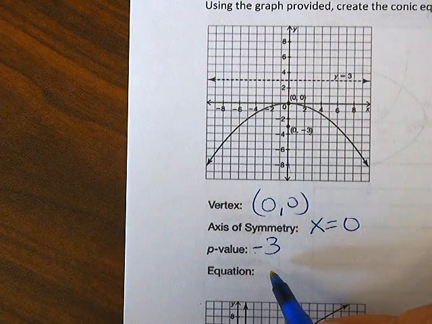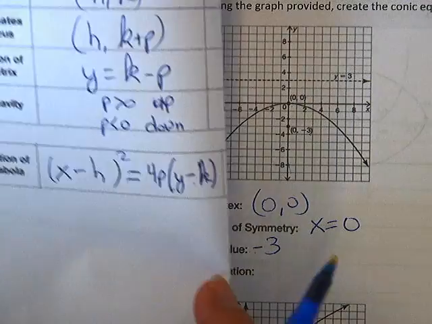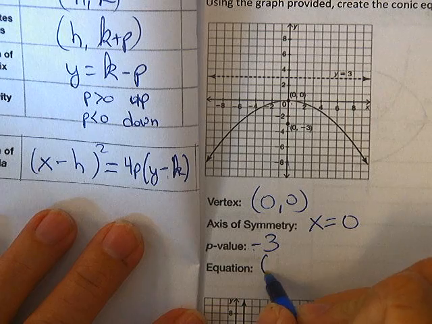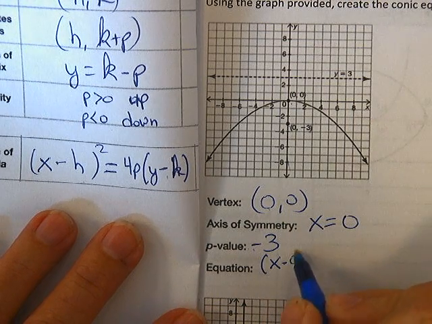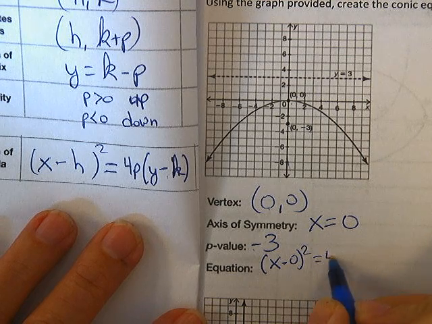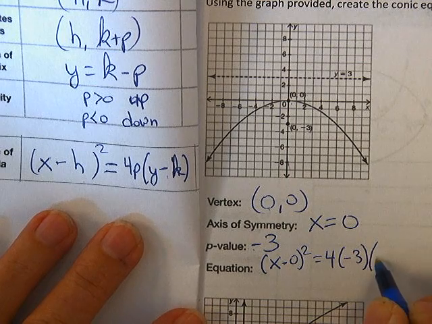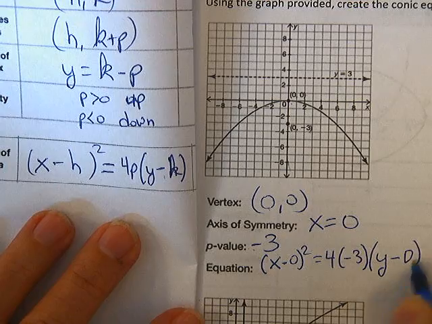Our equation comes from using our equation that we had on the previous page. So our generic equation is x minus h, and h in this case is 0, squared, equals 4 times p, which is negative 3, multiplied by y minus k, which is 0.